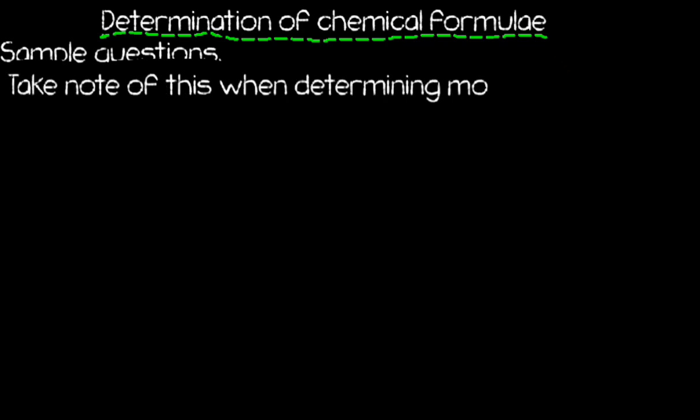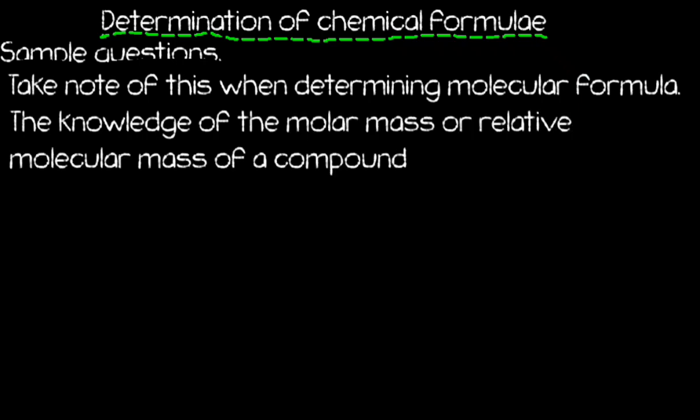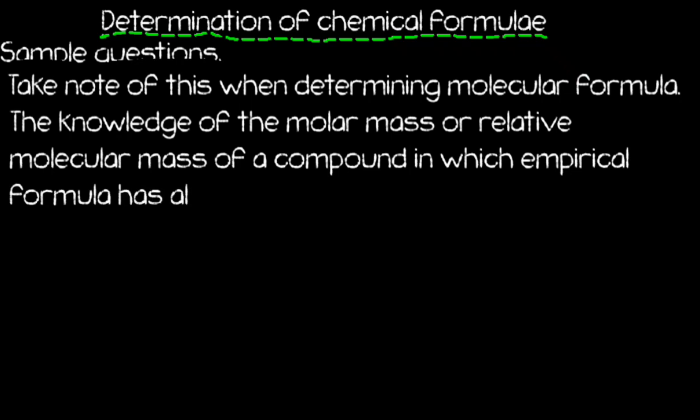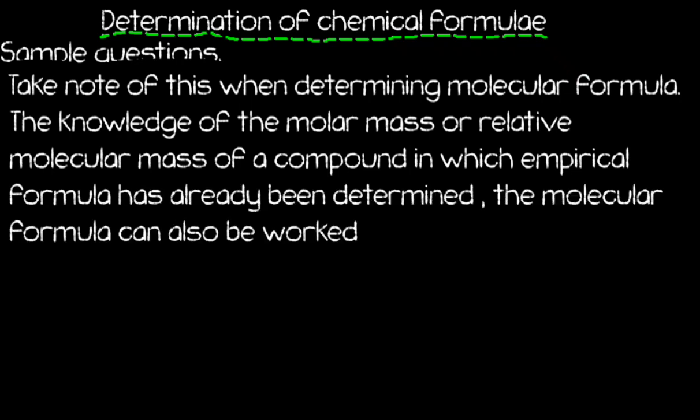So take note of this when determining the molecular formula. With the knowledge of the molar mass, or relative molecular mass, of a compound for which the empirical formula has already been determined, the molecular formula can also be worked out.